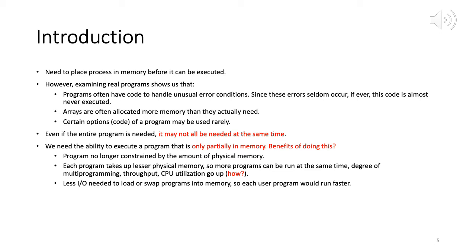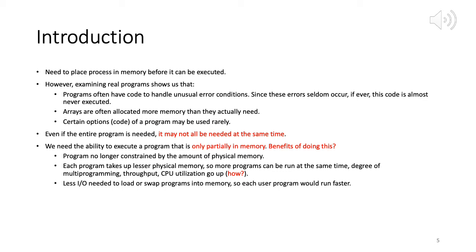First observation is programs often have code to handle unusual error conditions. Since these errors seldom occur, if ever, this code is almost never executed. For a particular program, there can be certain error conditions: if this error occurs, execute this code; if that error occurs, execute that code.